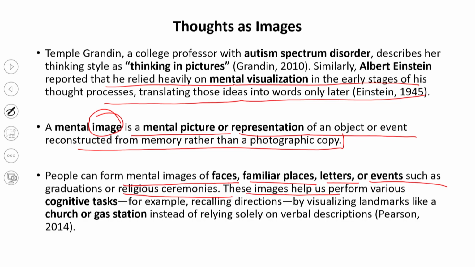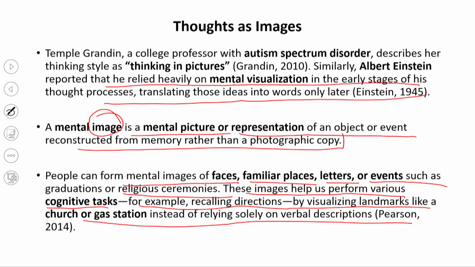These images help us perform various cognitive tasks, for example, recalling directions by visualizing landmarks like a church or a gas station instead of relying solely on verbal descriptions. So a lot of our thinking processes involve images, imaginations and visualizations, and they help us perform many different cognitive tasks that we do on a daily basis.